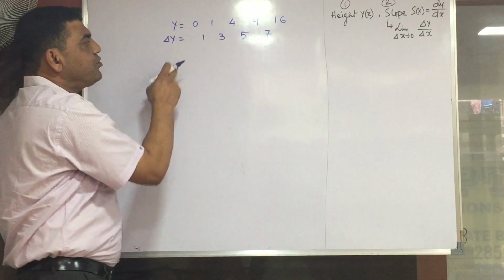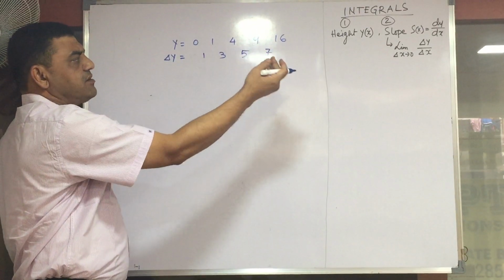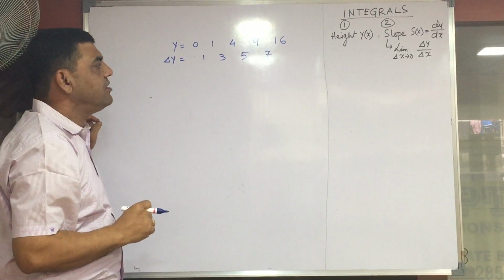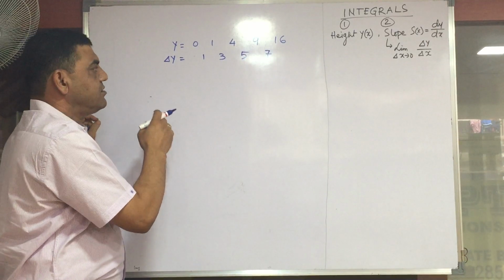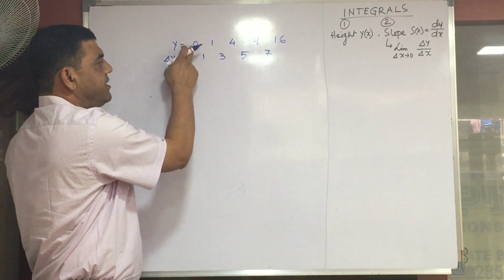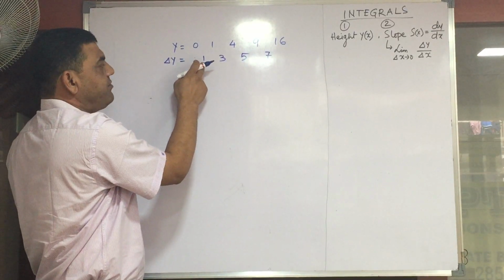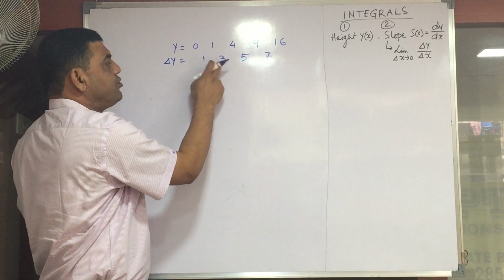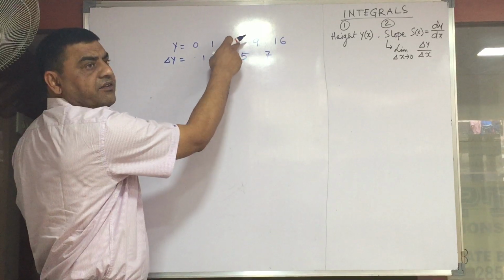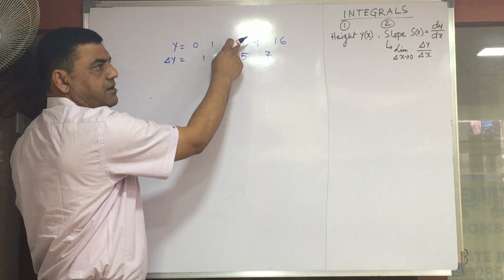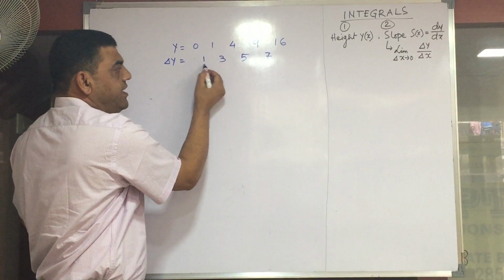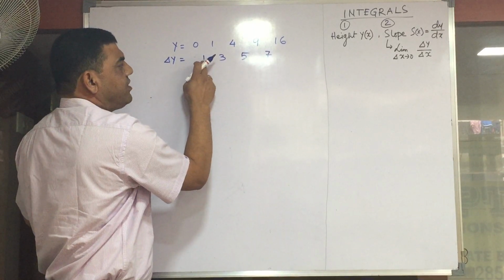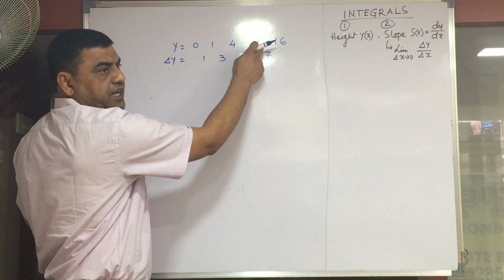How to get to y? Our target is, from the second function, to get the information on the first function. During the first interval we have 1. During the second interval, if we do 1 plus 3, we reach 4. Again, if I do the running summation, 1 plus 3 plus 5 gives you 9.